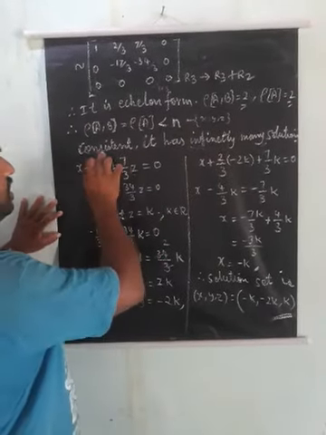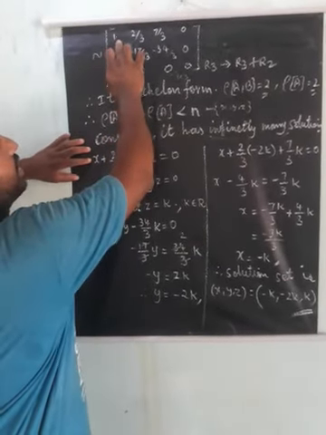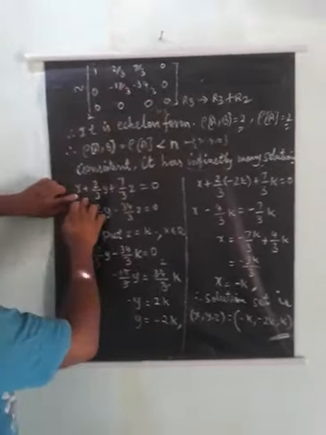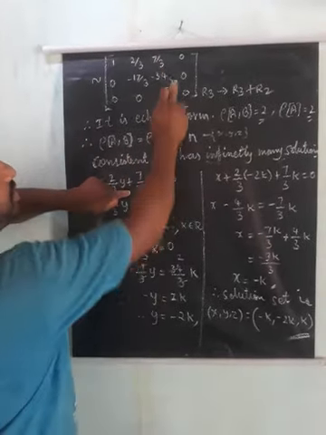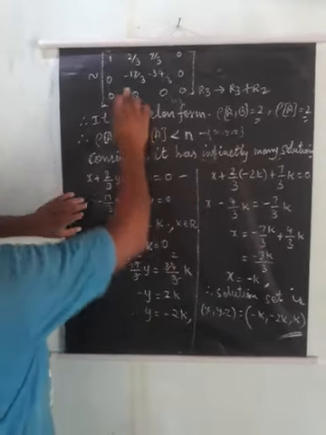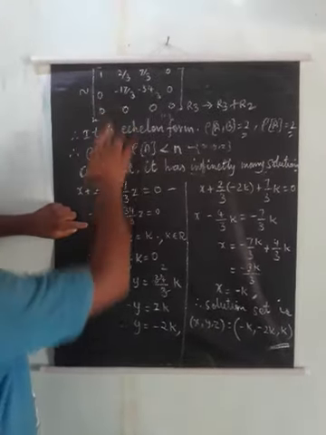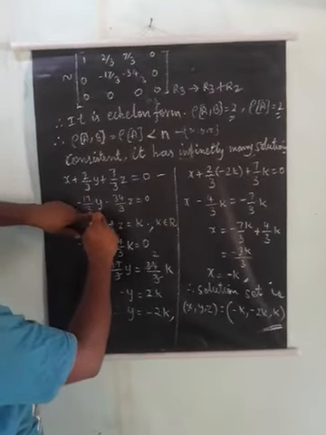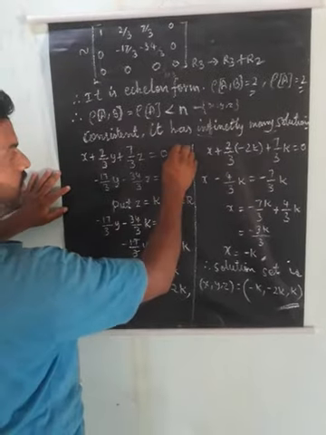First of all, apply x, y, z here. The first equation: x plus 2/3 y plus 7/3 z equals 0. The second equation: -17/3 y minus 34/3 z equals 0.